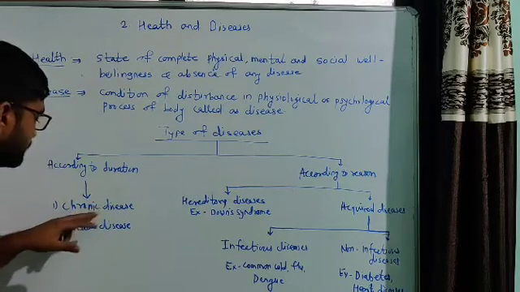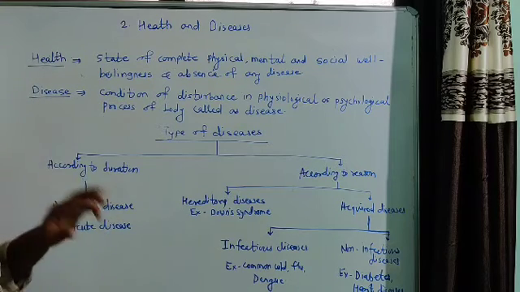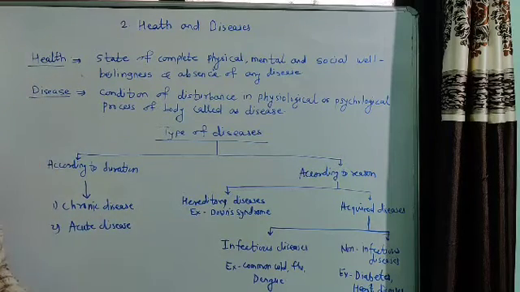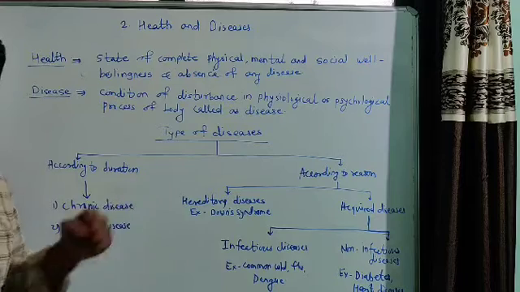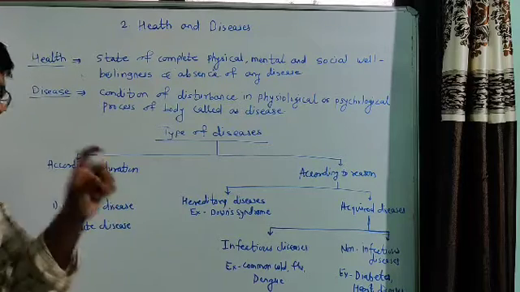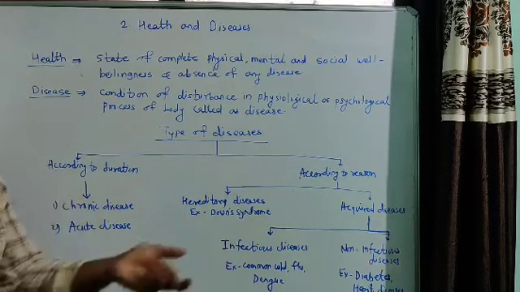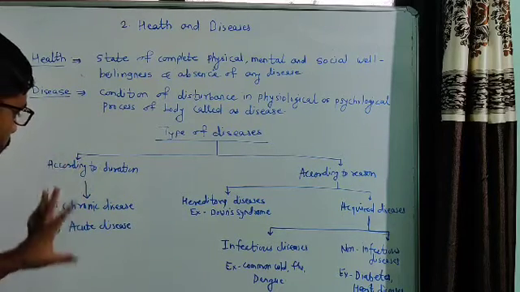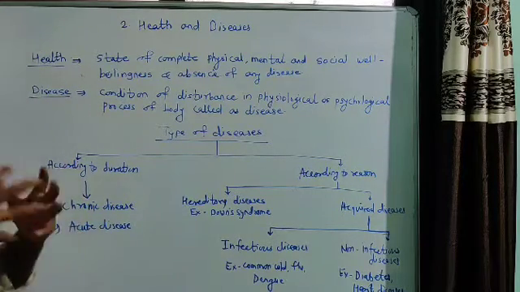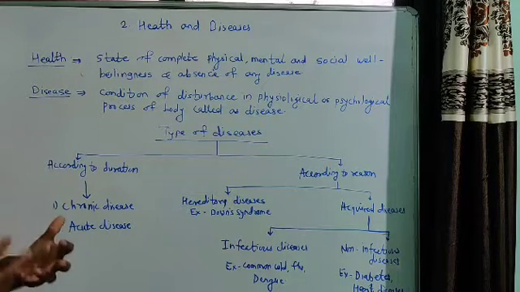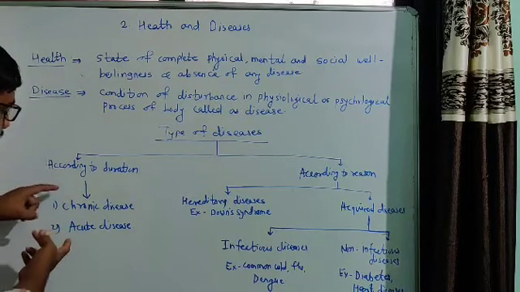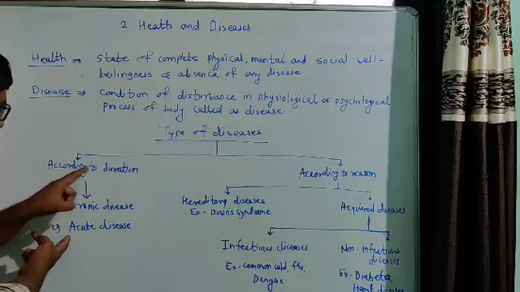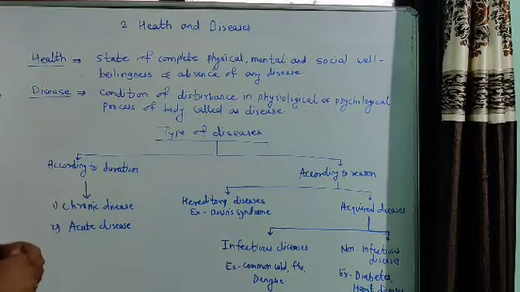And some diseases we see, like common cold, flu, dengue, remain for a very short time, then again disappear, okay. So according to the duration means how much time that disease is present in our body.